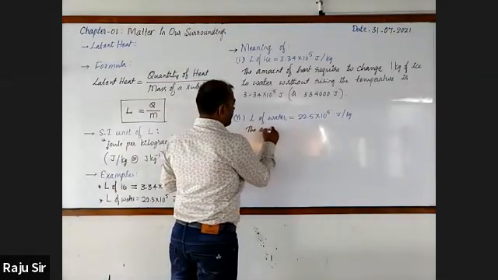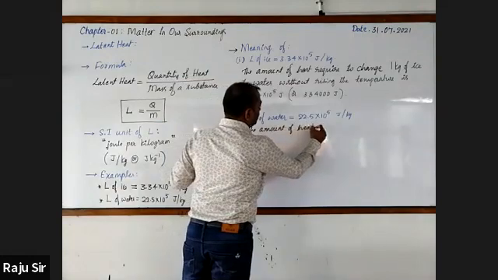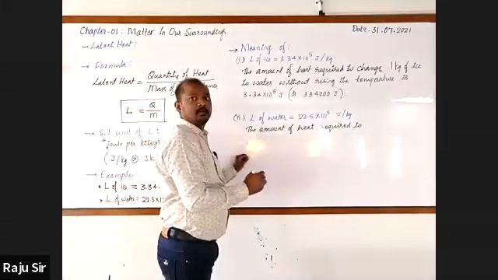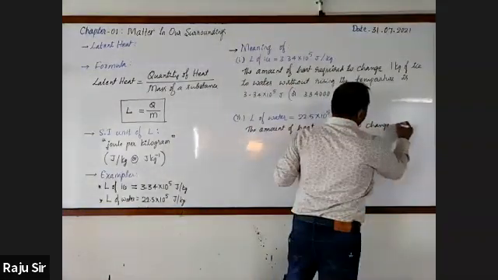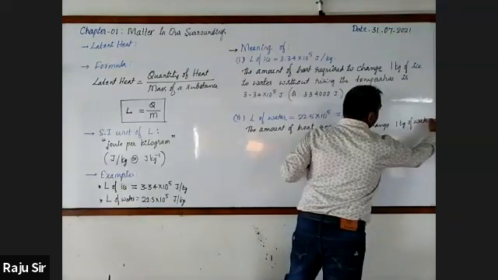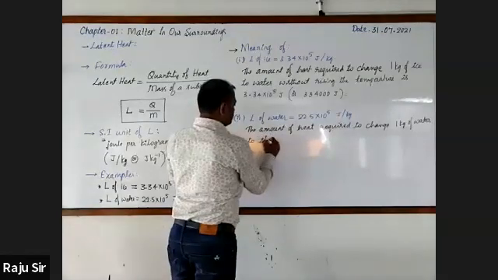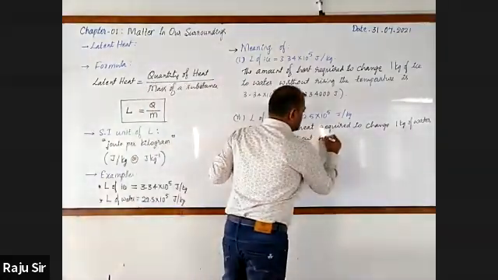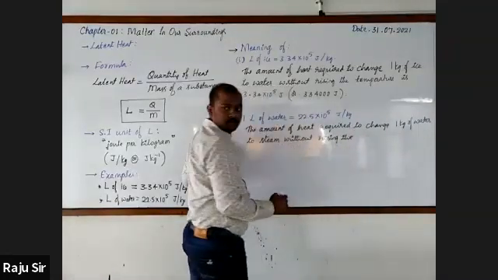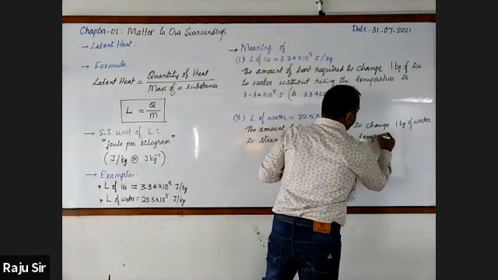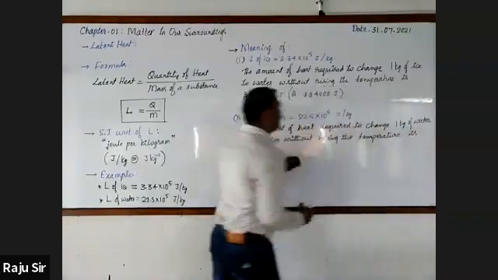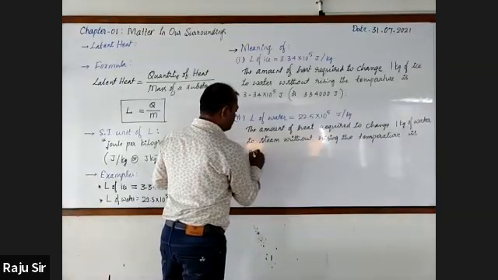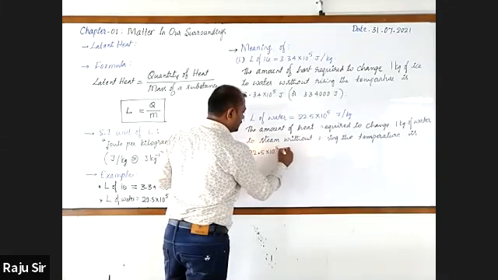Sir, what is that word? Amount of heat required to change 1 kg of water to steam without rising the temperature is 22.5 into 10 raised to the power 5 joules.